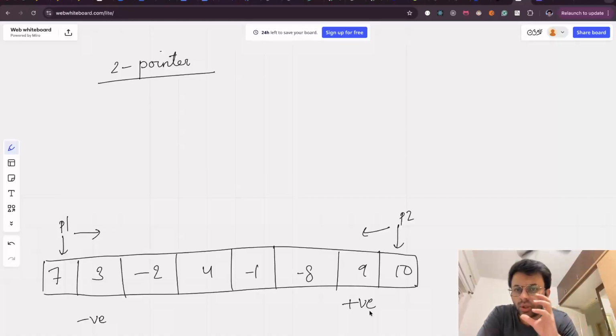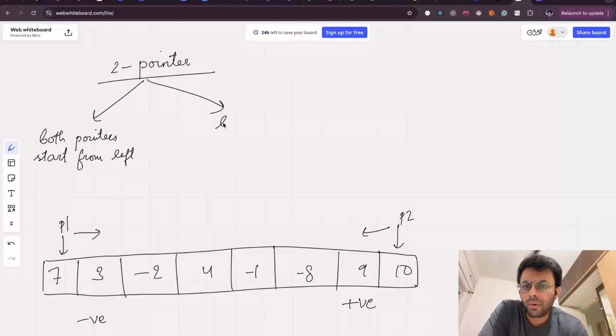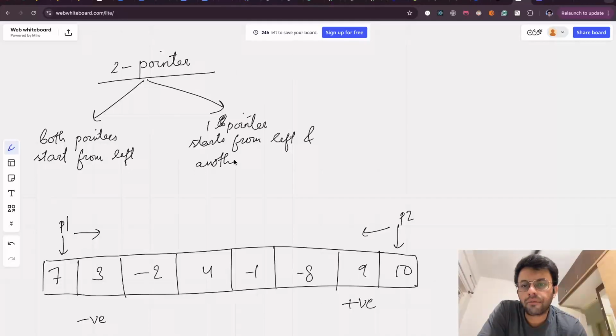Now today we will be looking at solving the same question with a different approach. In two-pointer, we have two types of solutions. First is both pointers start from left. Another is one pointer starts from left and another from right.